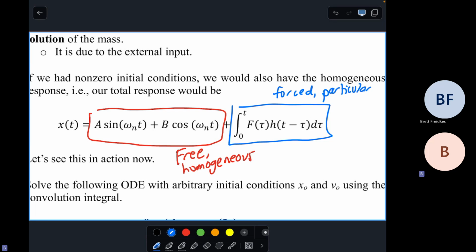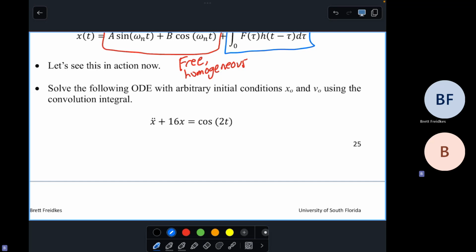There are equations for it on the formula sheet, I think. But you might have to show it and say, if I plug in 0 into this once we have the total solution, I can solve for A and B, or plug in 0 into the derivative to solve for A and B. You're given initial position and velocity. One of them might be 0, the other one might be a number. If they're both 0, then it doesn't exist.